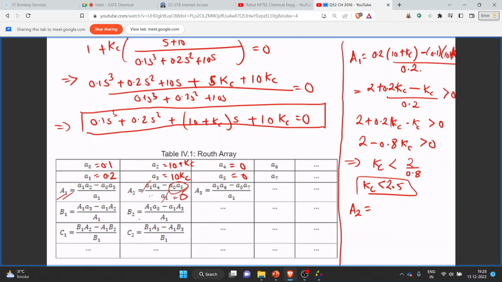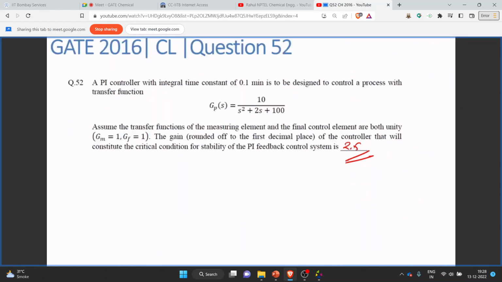So correspondingly this term will become 0 and over here we will be getting c1 is equal to a3, rest of the terms will be 0. So a3 is 10 Kc, that will also be greater than 0. That is the only criterion that we are having, the value of Kc should be less than 2.5.